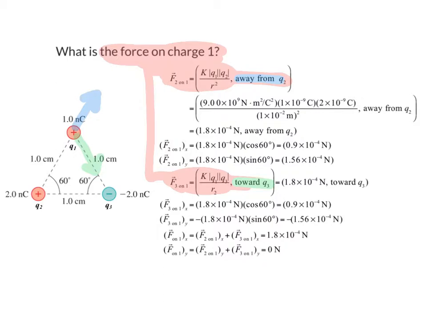So immediately, the net effect is going to be off to the right there. It has to be, because I have an up and to the right and a down and to the right. The net effect of that is going to be fully in the x direction to the right.